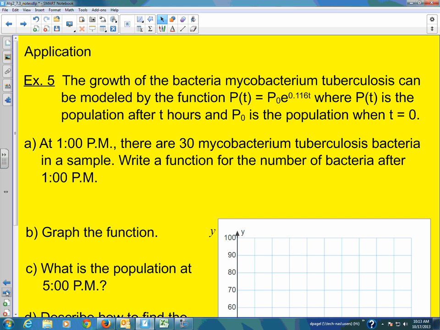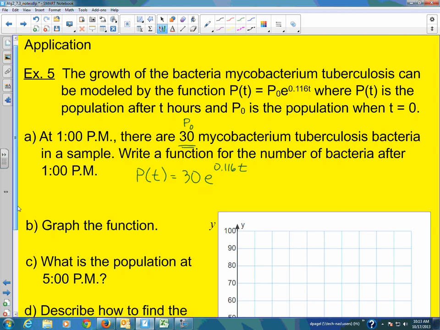So in our problem, we've got an initial amount. This can be our initial amount. And therefore, our model would be P sub 0 is replaced with 30, e to the 0.116 t power. So there's our model from 1 p.m. So for part A, we get that.